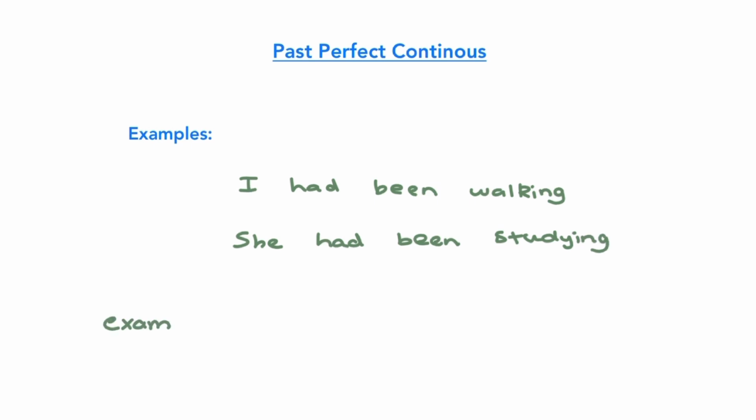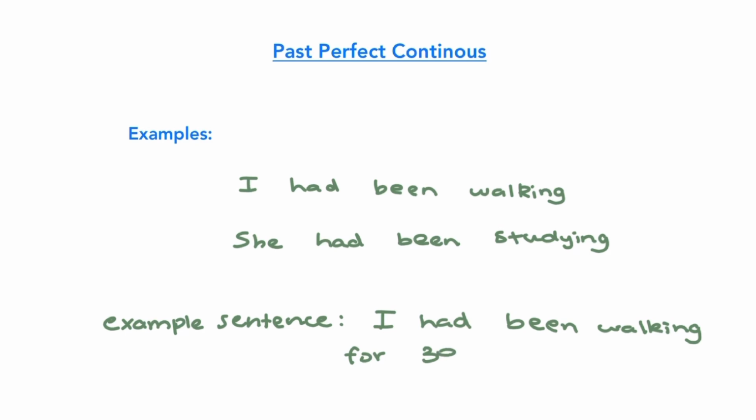So these two are an example of past perfect continuous. So let's make an example sentence. I had been walking for 30 minutes before it started raining. So I had been plus verb ending with ing, so raining.